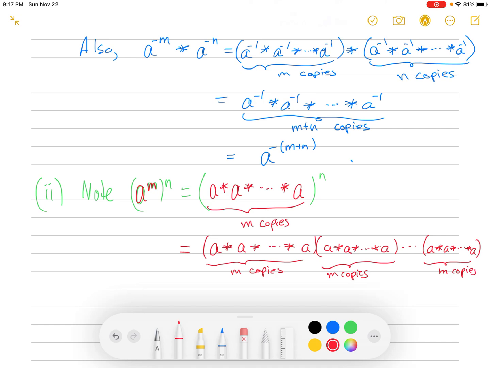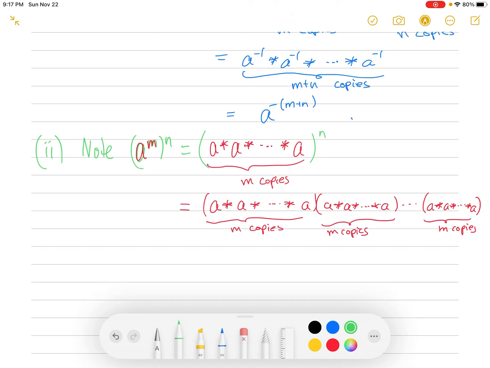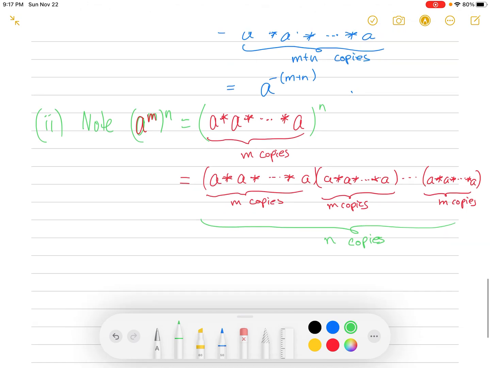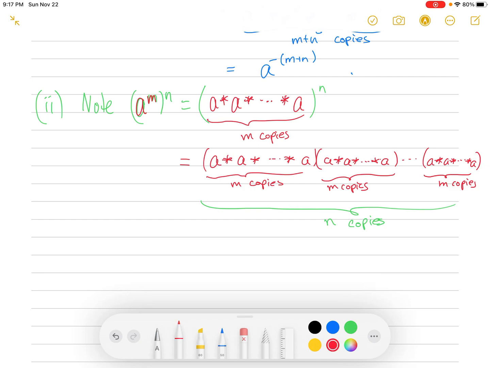And how many of these m copies are there going to be? There are going to be n copies of these m copies. So if I have n groups of m's, that means I'm going to have m times n copies altogether. So there's going to be a star dot dot dot star a, mn copies.